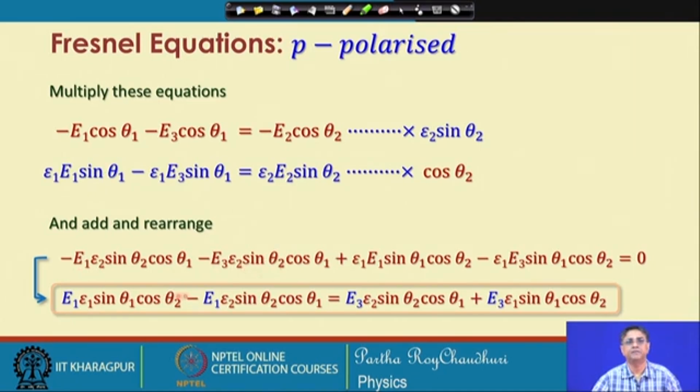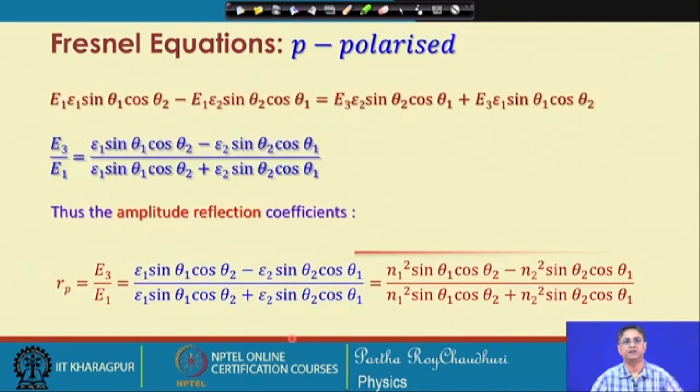So, from here if we arrange in a way that all the electric field E 1 are on the left hand side and E 3 are on the right hand side, then you can write in this form. So, that we can take E 1 bracketed out from this expression.